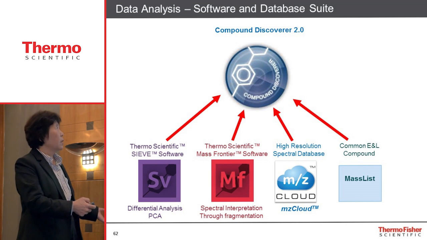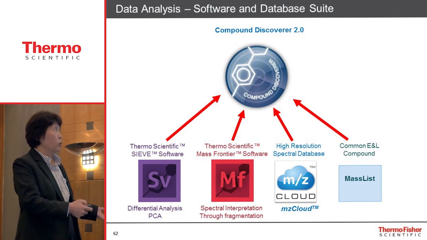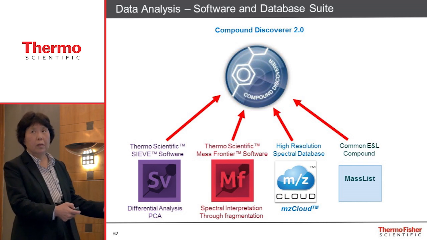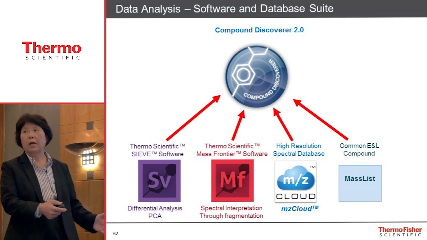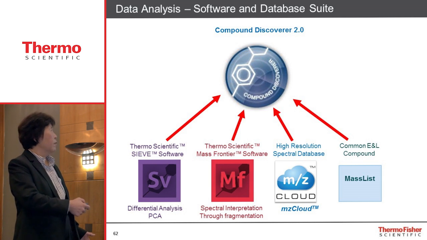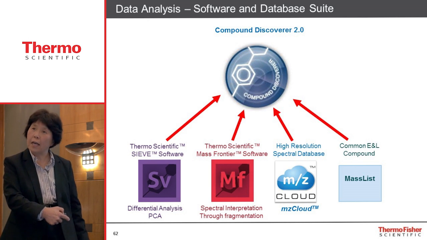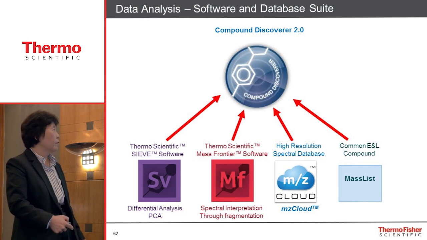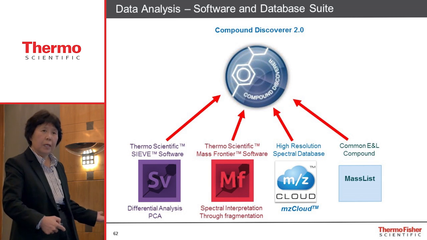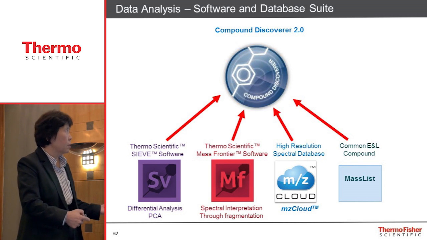For 1.0, we could do no parent compound impurity ID, but for 2.0, we can do unknowns, which is great news for E&L folks. And in this one, we've incorporated the differential analysis algorithm. We also have the wonderful Mass Frontier software, which can do spectral interpretation through fragmentation, included in this software.